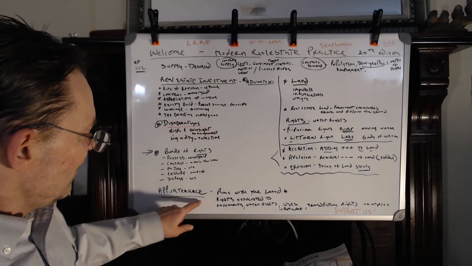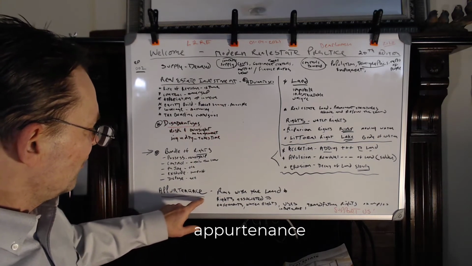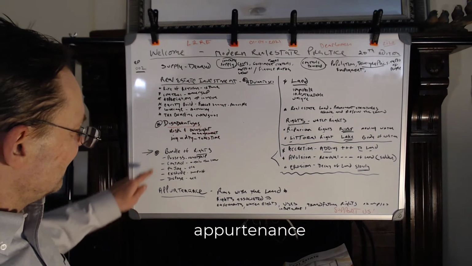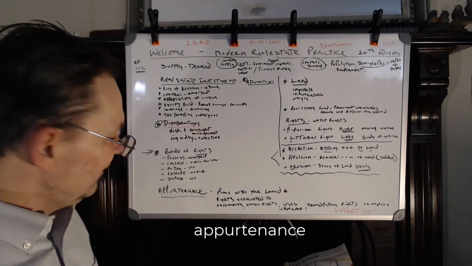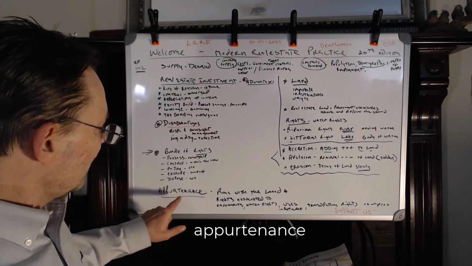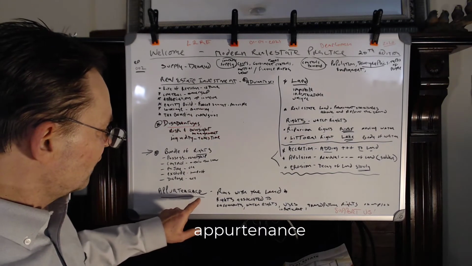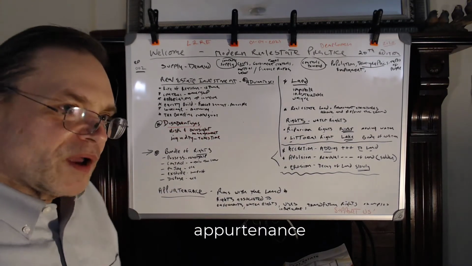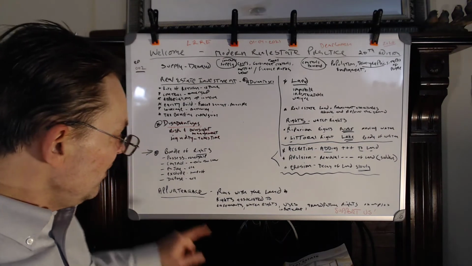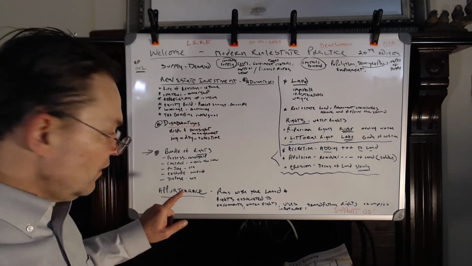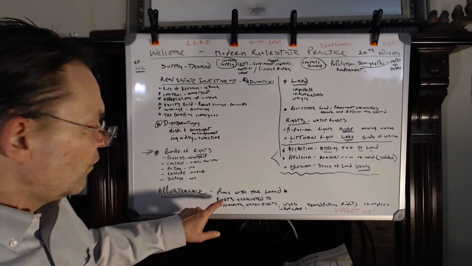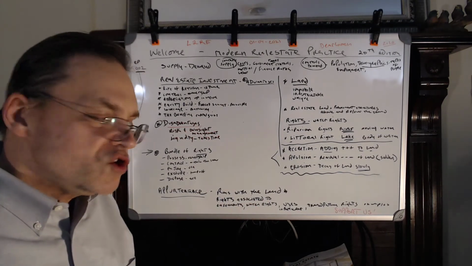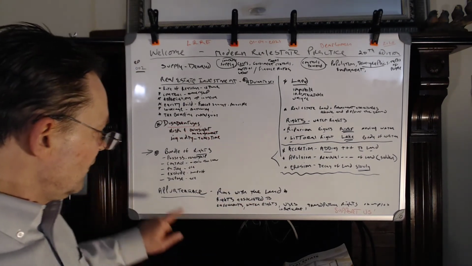I have a word here that's kind of important. It kind of goes with the rights of property. It's called appurtenance. When you buy a piece of property, there may be, and there usually is, appurtenance, which runs with the land, and those are rights associated with the land.